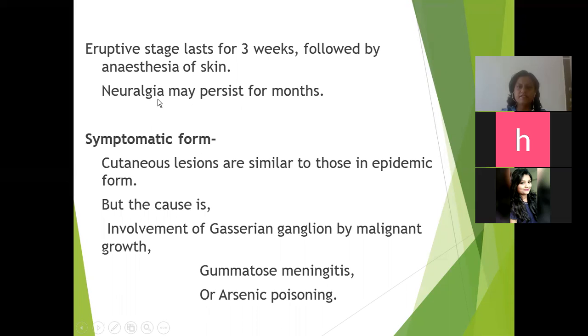Neuralgia may persist for a month. Then, in a symptomatic form, the cutaneous lesions are similar to those in the epidemic form, but the cause is involvement of the Gasserian ganglion by malignant growth, that is gummatous meningitis or arsenic poisoning.